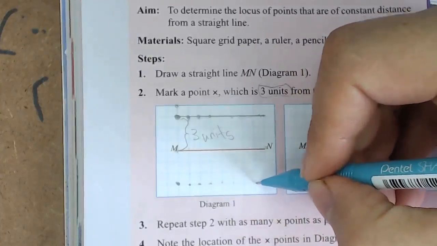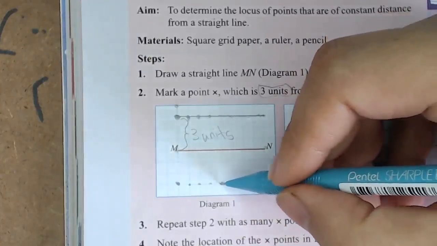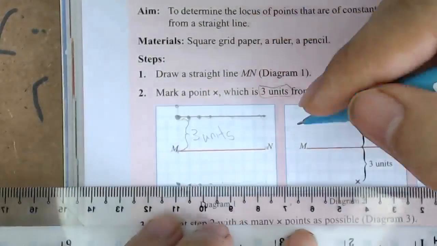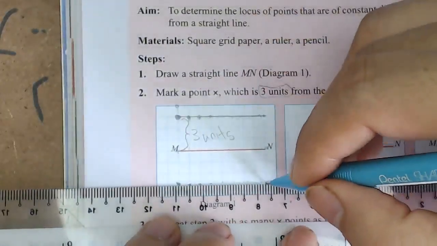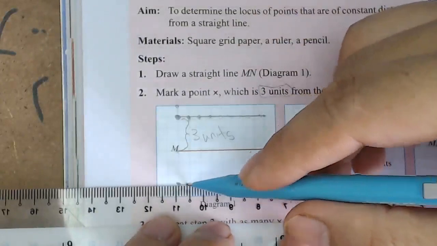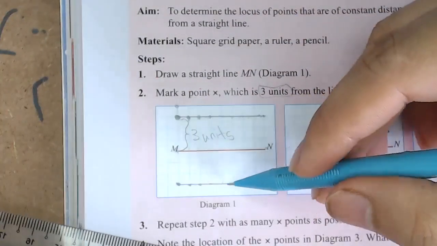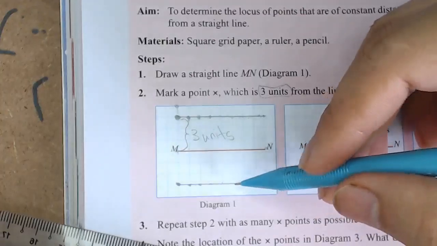And you're going to have so many points here. And guess what? If you connect all the points by a straight line, this is what we call locus.